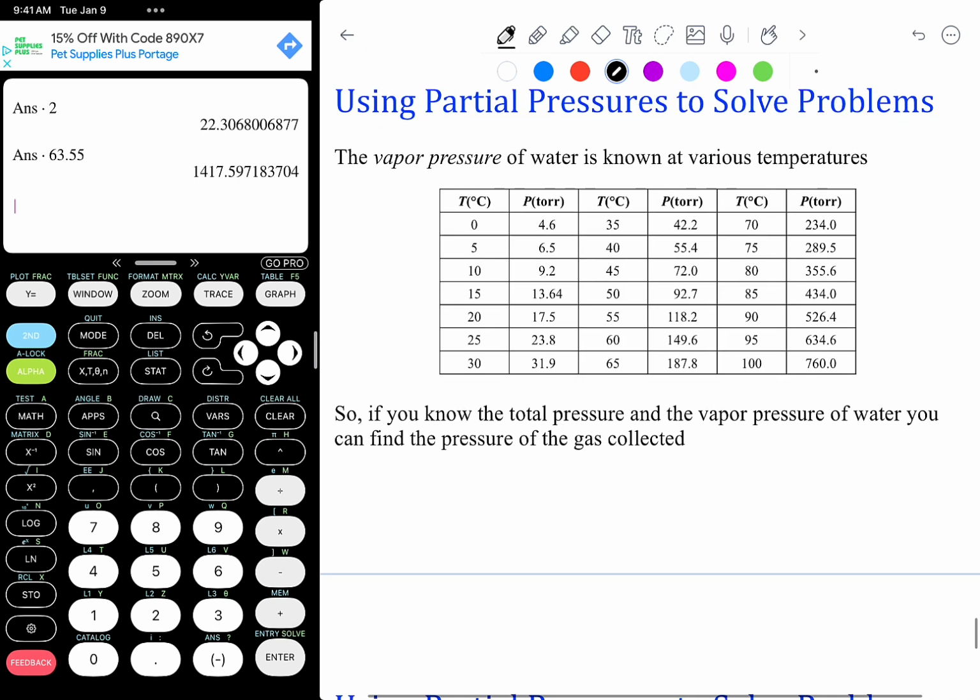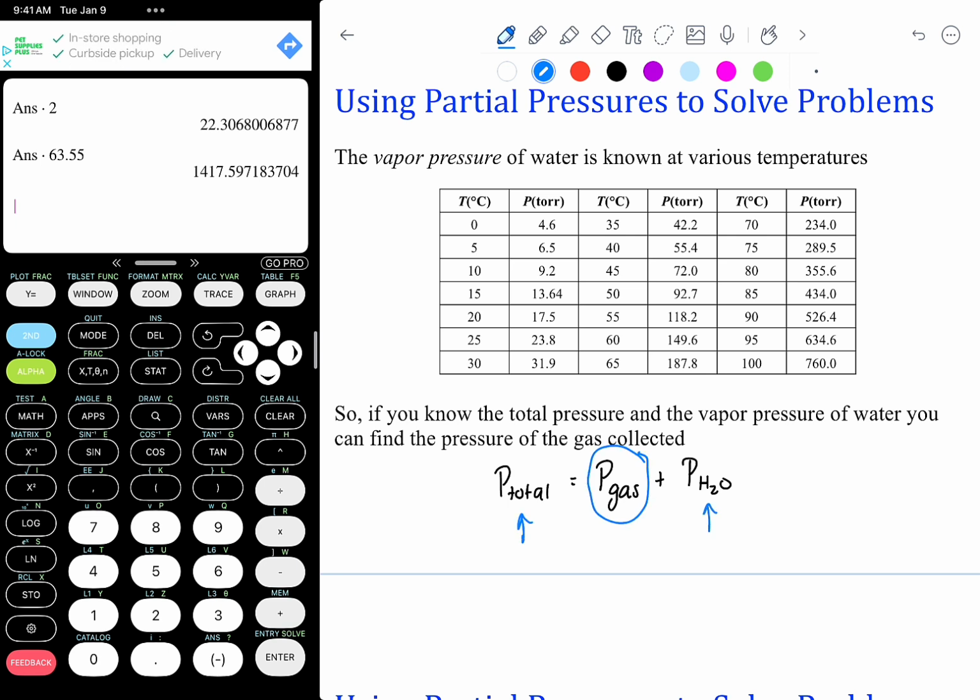But this means if you know the total pressure and the vapor pressure of water, you can then find the pressure of the gas by itself, because P total is going to be equal to P gas plus P H2O. We know this, we can measure both of those, meaning we can find that.